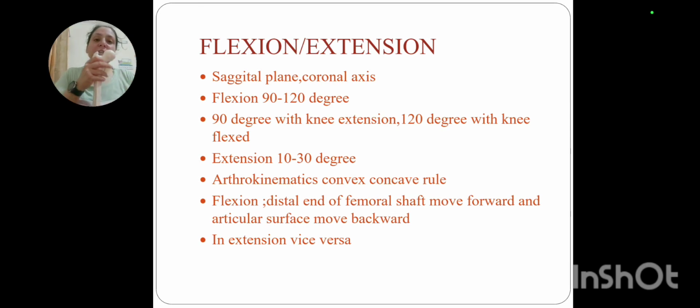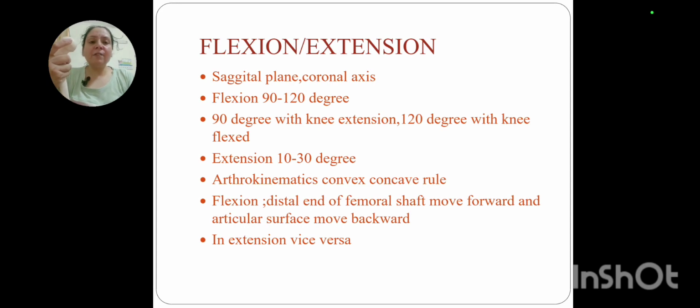In flexion, the femur, or the leg, is moving anteriorly, away from the body, and the head is moving posteriorly. It is rolling anteriorly but sliding posteriorly. Fine. So this is the movement which is taking place.